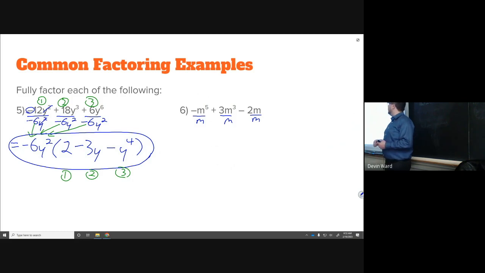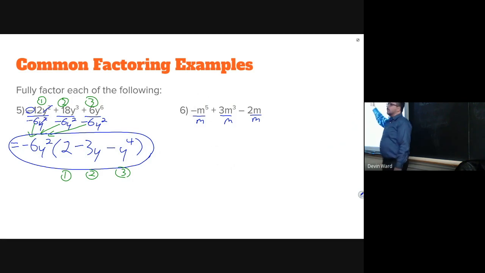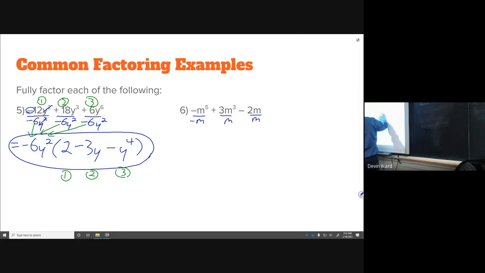Okay? But remember, the first number is negative. So what else do we have to factor out? We have the numbers and change them into the opposite of what they were. Perfect. So we're going to be changing them into the opposite, and by doing that, we divide by negative m. Okay, because this one is negative.